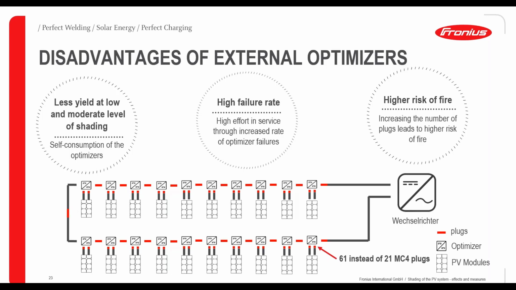There is an increasing risk of fire when we increase the number of plugs we have in the system. So actually I'm talking now about the MC4 plugs, and when we compare it to the system with external optimizers, such as the schematic down below, we can see that with these optimizers we have 3 times more MC4 plugs than with standard modules. You also need to consider that.